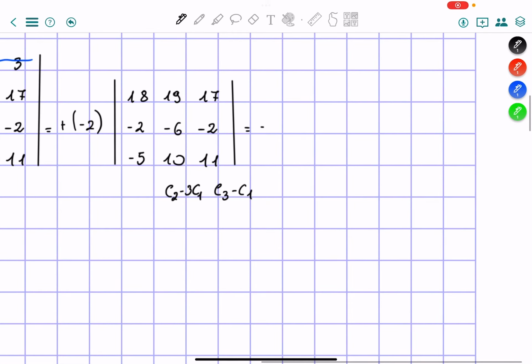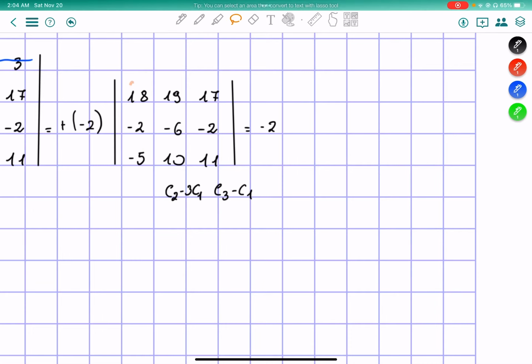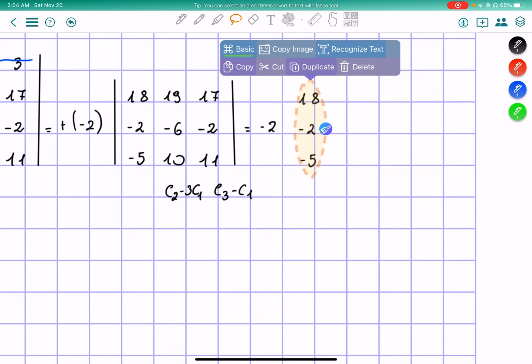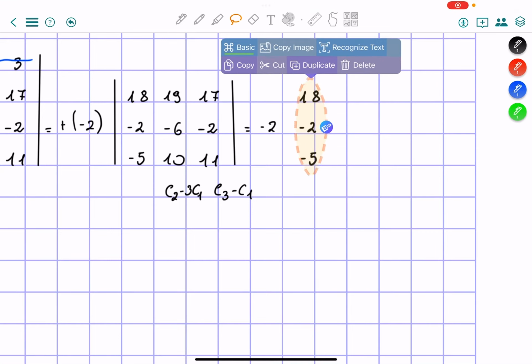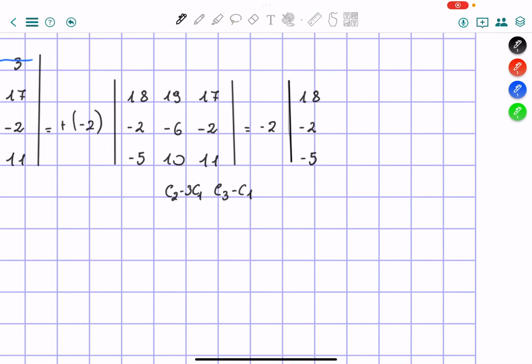So I will get again negative 2, and then column 1 stays the same. So we have the same column. Okay, put over here.